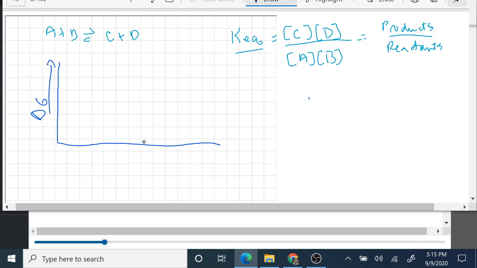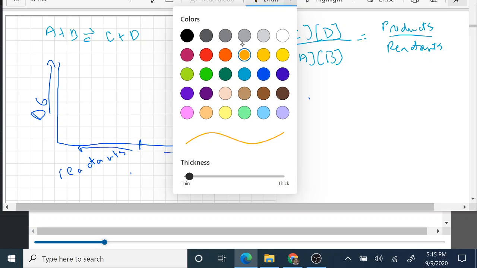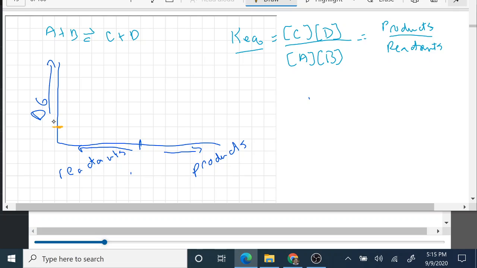Let's say that our products are over here on our x-axis, and our reactants are over here on the left. As we move this way, we're going to be increasing reactants, and as we move to the right, we're going to be increasing products. And let's also say that our zero line is not on the x-axis. Let's say our zero line is here, just for clarity.